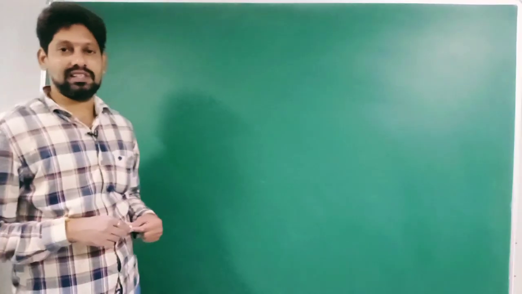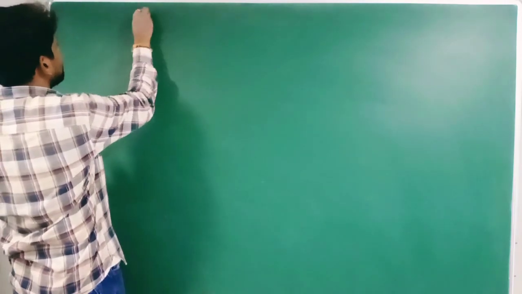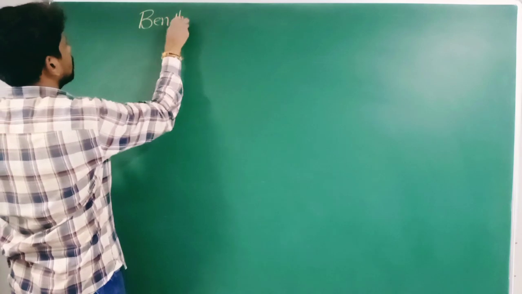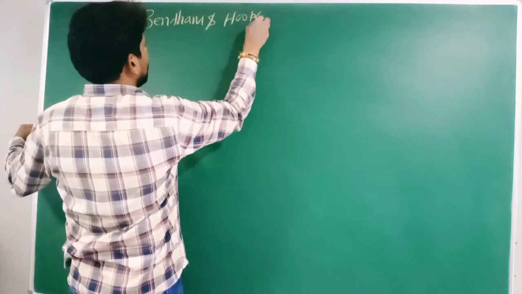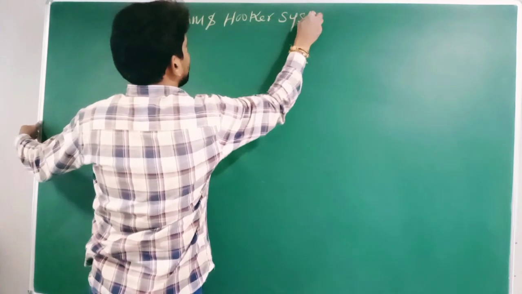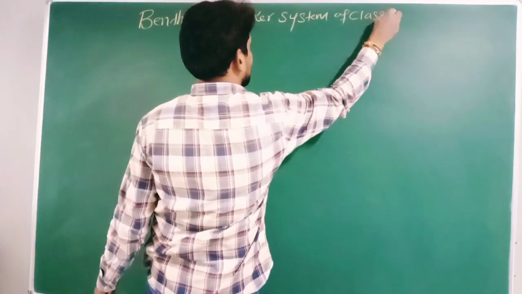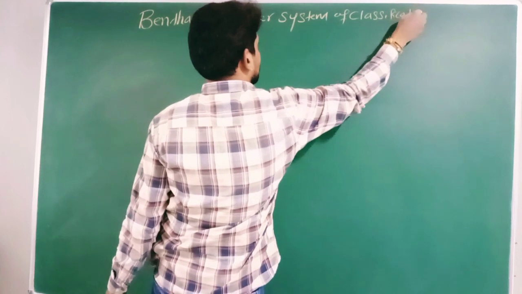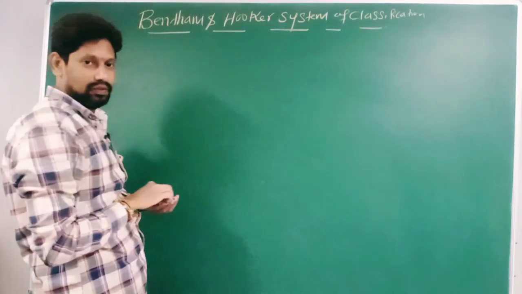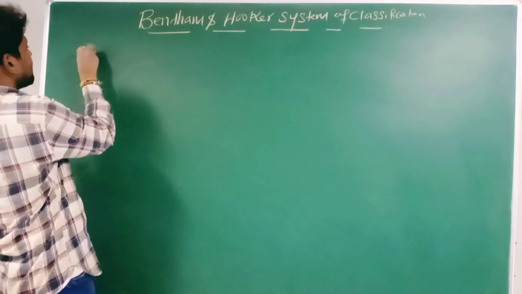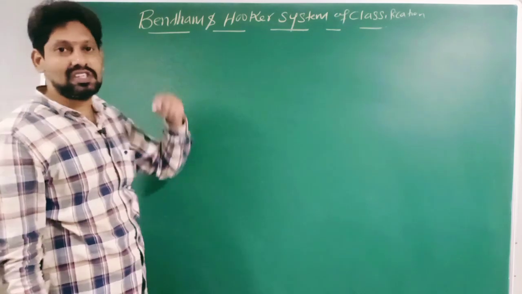Now we are going to discuss Bentham and Hooker system of classification in detail. Okay, what is it? Bentham and Hooker system of classification. Sir, this Bentham and Hooker system of classification is a natural system of classification.